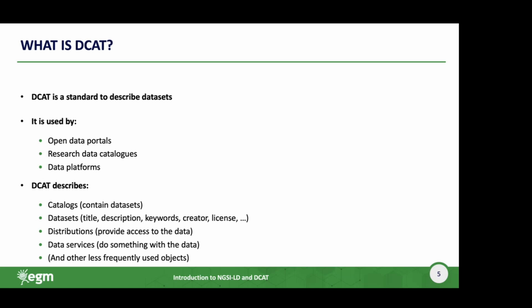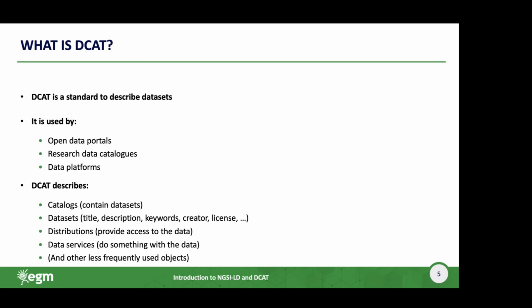The distributions are the thing that provide access to the data. And with these three concepts, catalog, datasets, and distributions, you have the main purpose and the main objective of what DCAT is about.